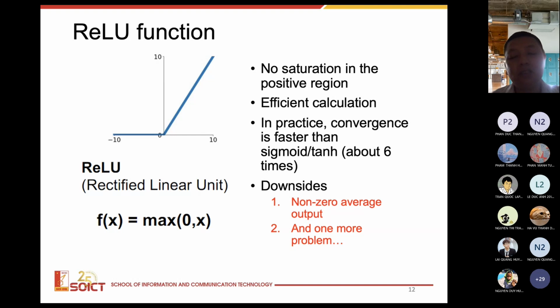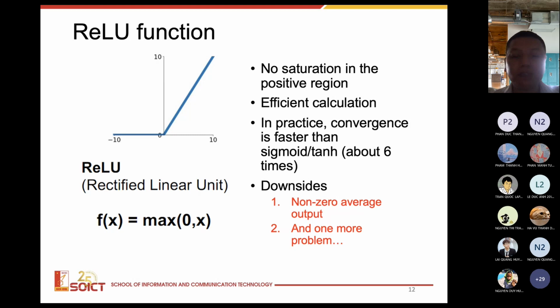Okay. So the ReLU function has the following properties. You have no saturation in the positive region. Saturation means the position where the output is so flat, right? And then the derivative becomes 0, right? In this case, you have no saturation.